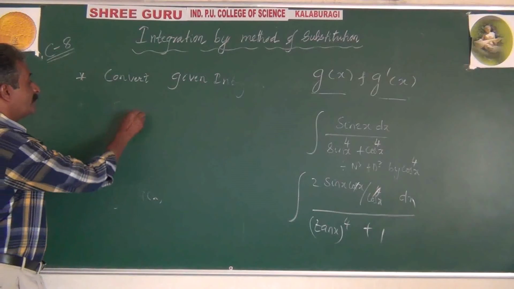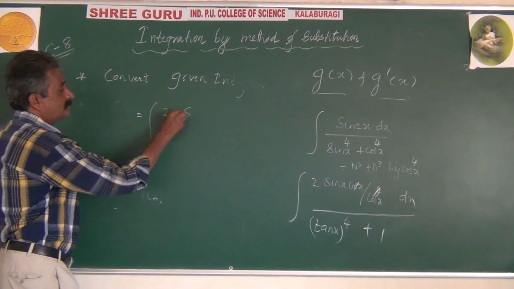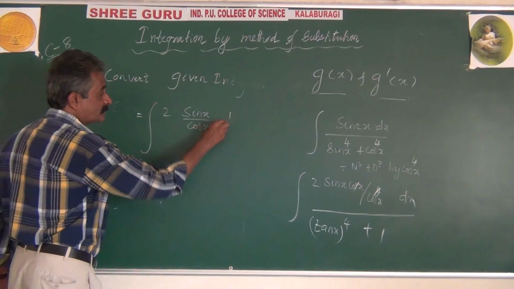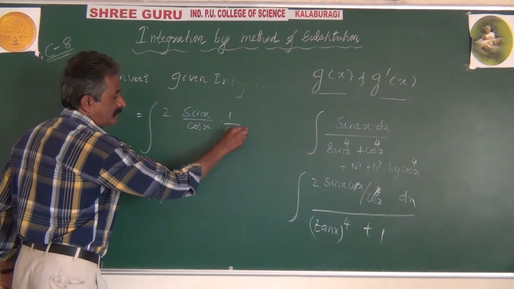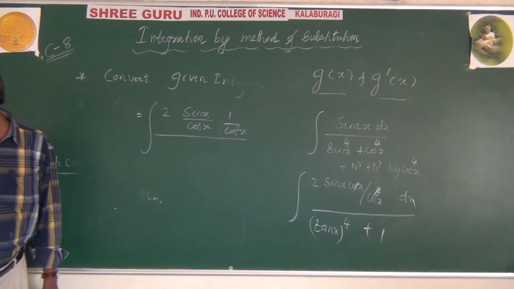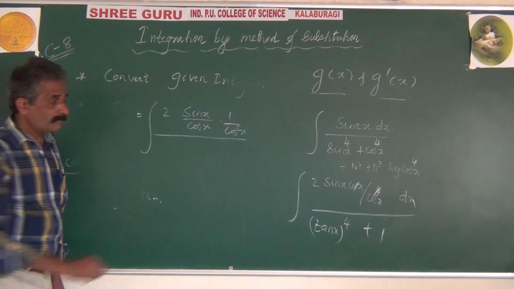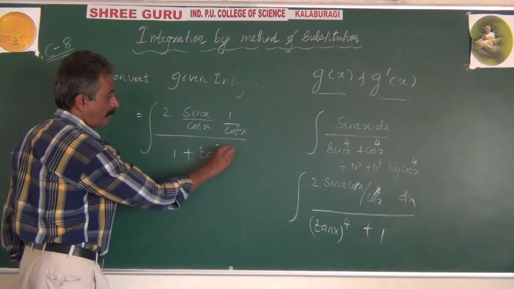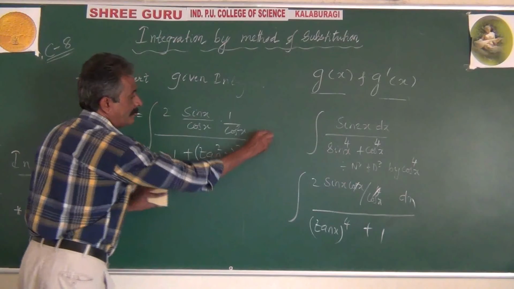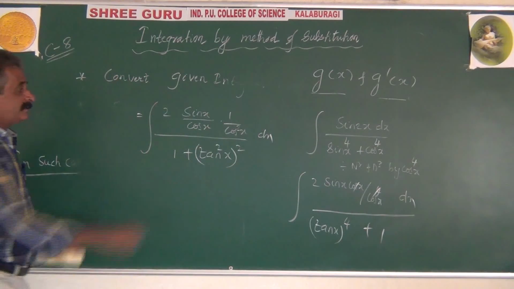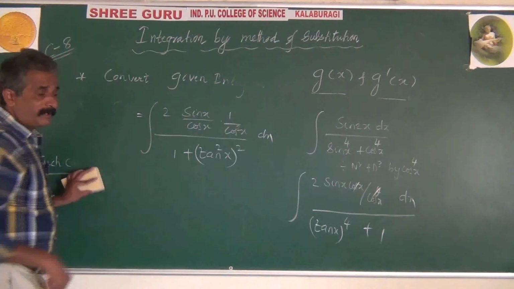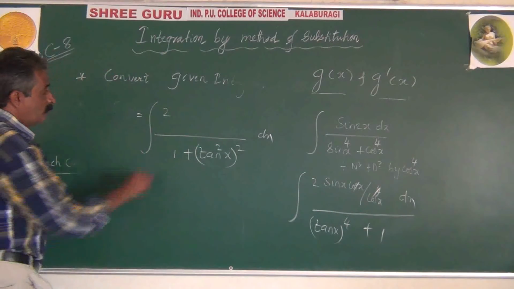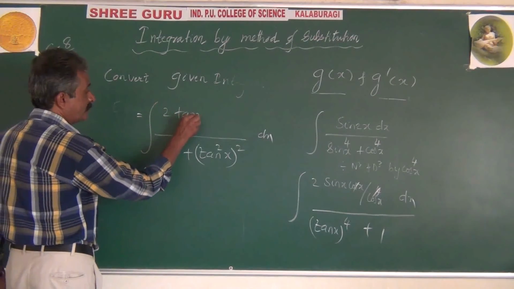So all that can be rearranged as 2 into sin x divided by cos x into 1 by cos square x, divided by 1 plus tan x power 4, which can be written as tan square x whole square. Lastly, sin by cos is tan, 1 by cos square is secant square. Just observe, it becomes 2 tan x into secant square x.